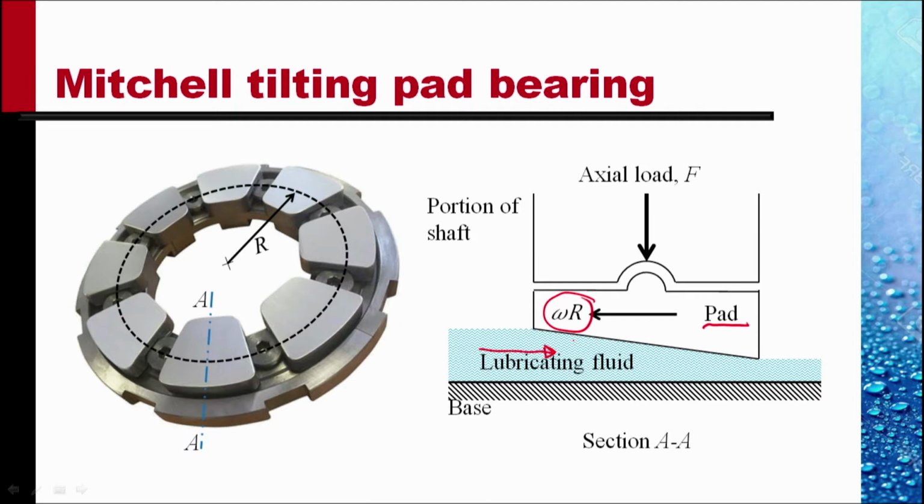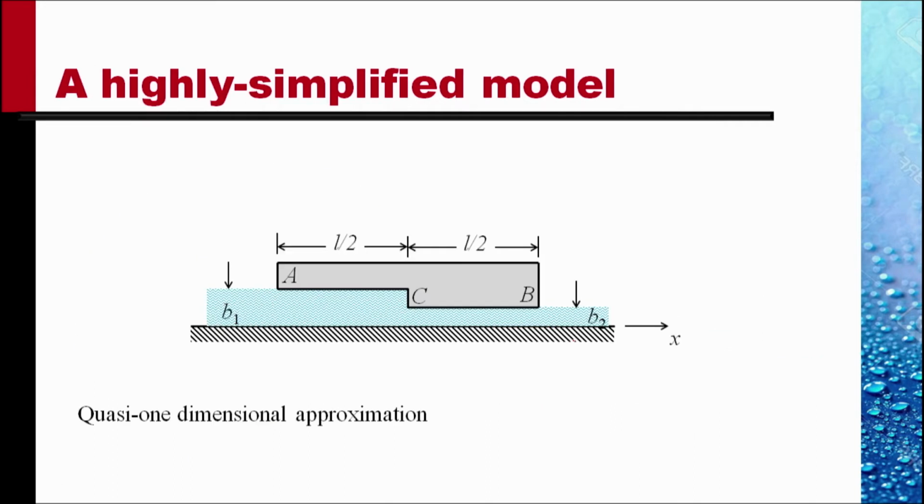Let's analyze this. For analysis, tilting is a little more complex, so we convert this into a stepped channel. So the tilt is replaced by two flat areas, AC and CB, so that the first part is a channel of width B1 and the second part is a channel of width B2.